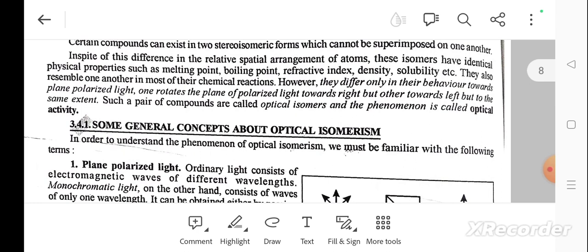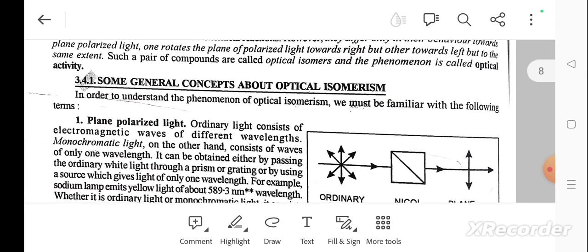They also resemble one another in most of their chemical reactions. However, they differ only in behavior toward plane polarized light. One rotates the plane of polarized light toward the right but the other toward the left, to the same extent. Such a pair of compounds are called optical isomers and the phenomenon is called optical activity.